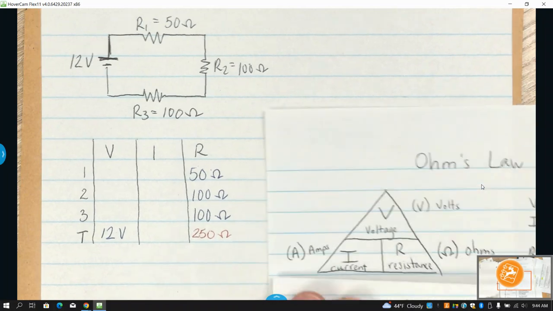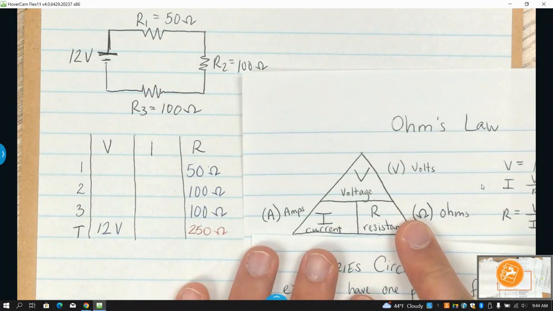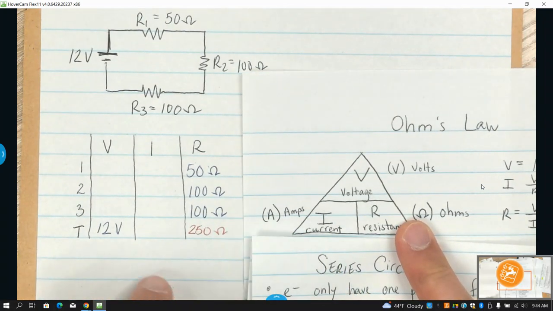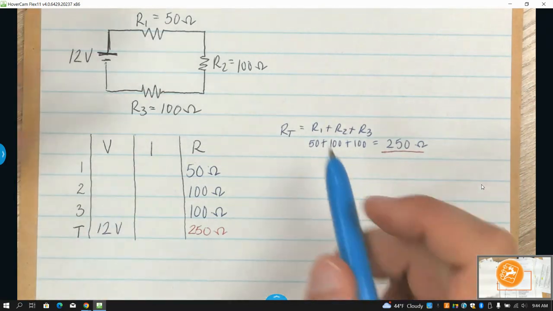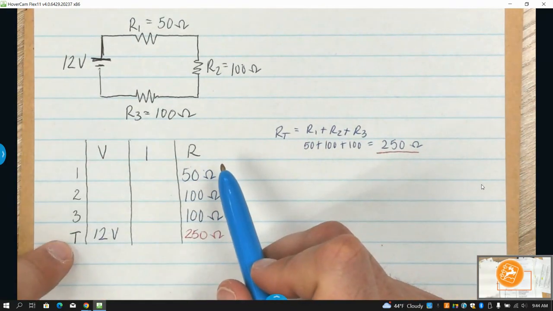So when that comes up, now I can use the triangle. I have V and I have R in the same row, so I can find IT.